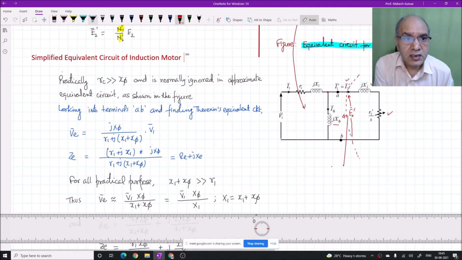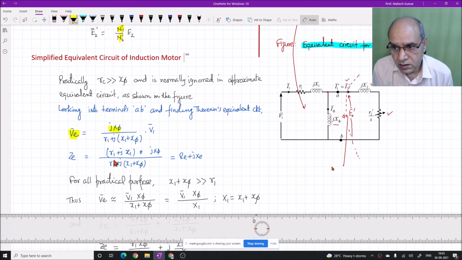So obviously this Thevenin voltage is given by jX phi divided by R1 plus jX1 plus jX phi, into V1, because the voltage across this will be the voltage across this divided by this plus this, into V1.